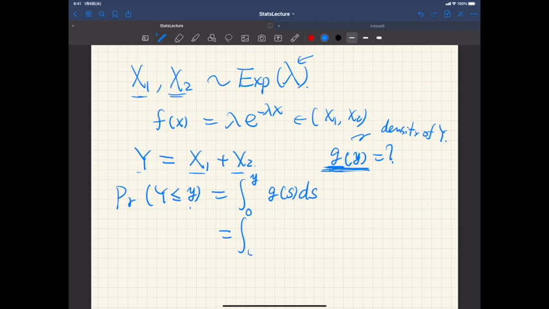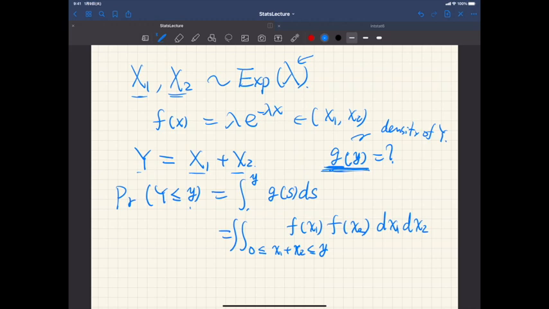So this g of s can be written as a double integral over x1 and x2 greater than 0 with x1 plus x2 less than y, of f of x1 times f of x2, dx1 dx2.